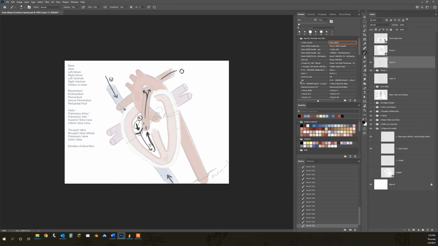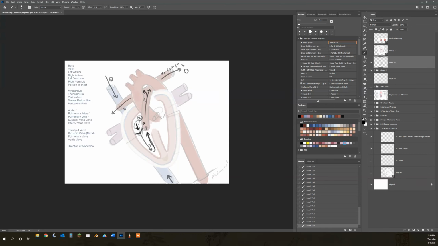So then it goes out here and it goes off to both lungs. So this is to lungs. Let's see, 3, this is 4, 5, this is 6, off to the lungs.